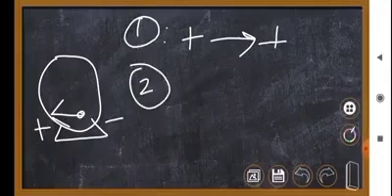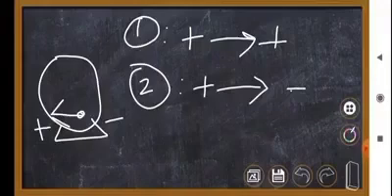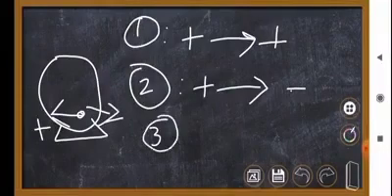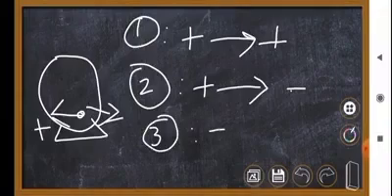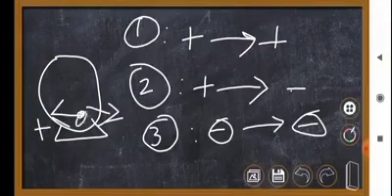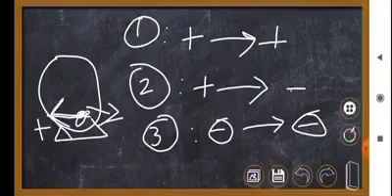Second principle, when positive charge travels towards the negative terminal, the needle of the galvanometer flickers towards the negative side. The third principle, when negative charge is spread towards the negative terminal, again the needle of the galvanometer is deflected towards positive.